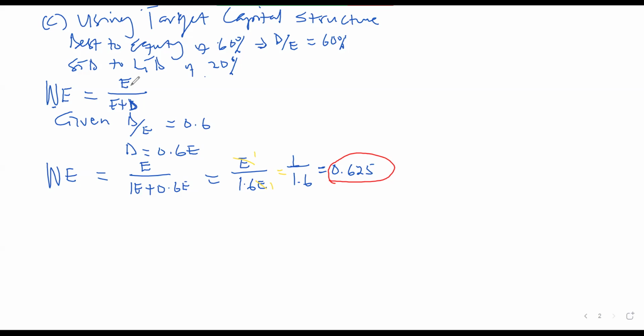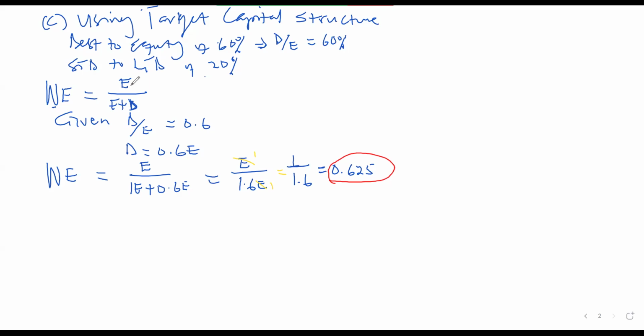So if we know this, then we can proceed. Our total capital, which is made up of debt and equity, if we sum the two, should always be equal to 1 or 100%, isn't it?